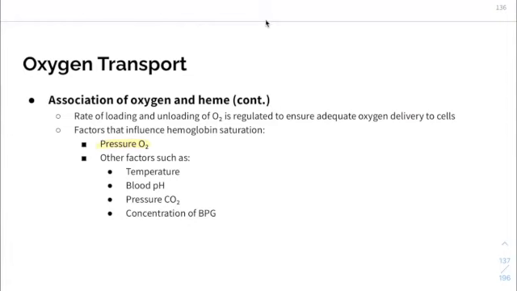That's going to determine how easily oxygen gets released out. How hot or how cold is it? Is your body? Is that area of your body? Like your fingers experience cold a lot faster than, say, your core.